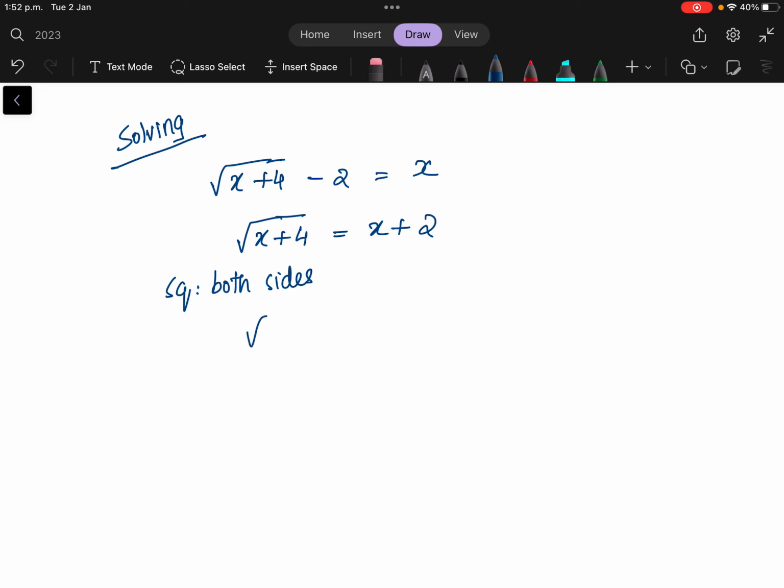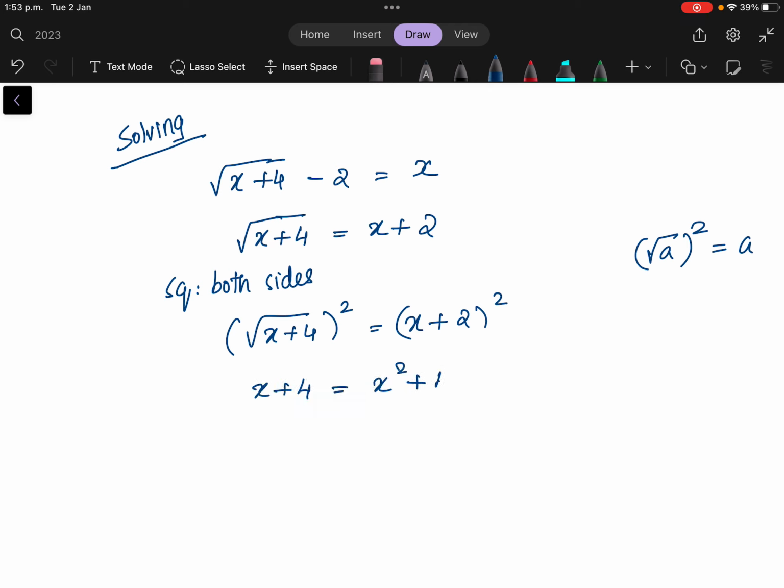So this one will be square root of x plus 4 the whole square, which is equal to x plus 2 the whole square. And square root of a, squared, is equal to a. So on this side it will be x plus 4, which is equal to x square plus 4x plus 4 when I expand this.